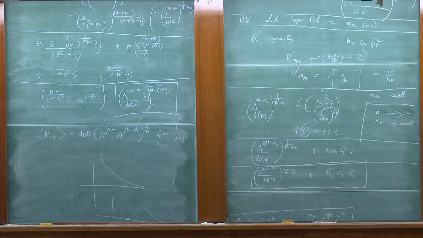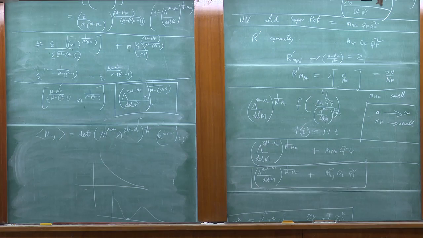Because one of them tells you what happens to Q star, and the other one tells you what happens to Q tilde. One way of saying it is to check whether you can find a value of A and A tilde that satisfies both this equation and the D term equation.